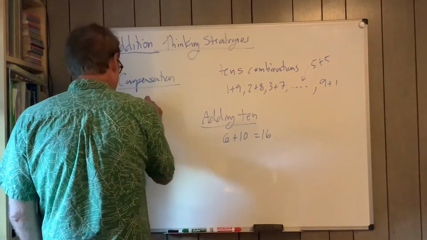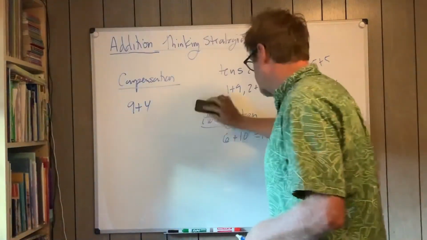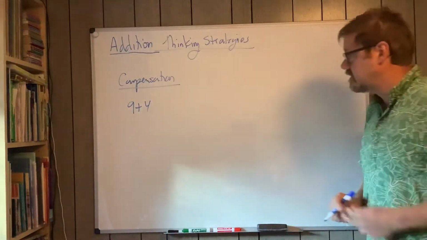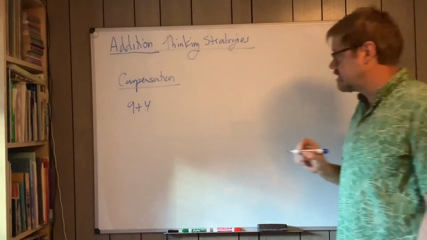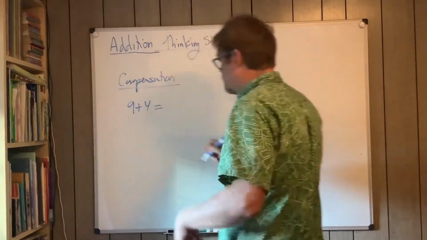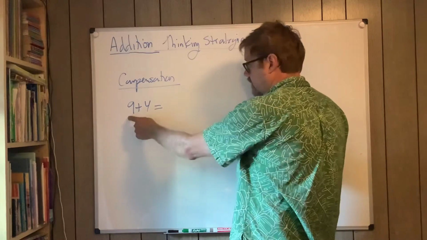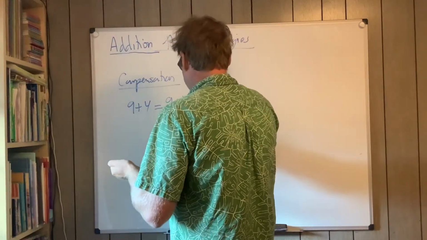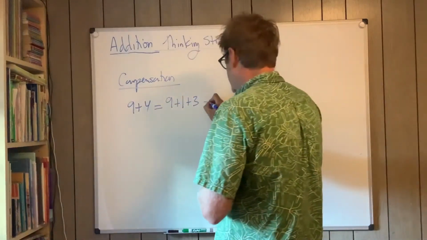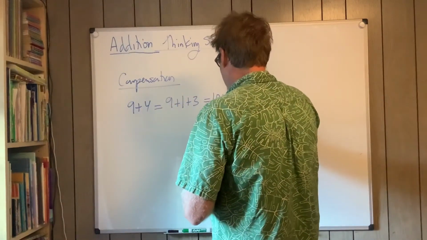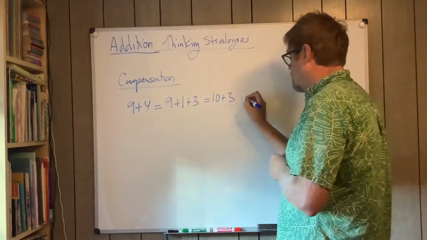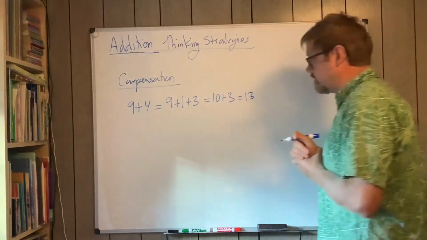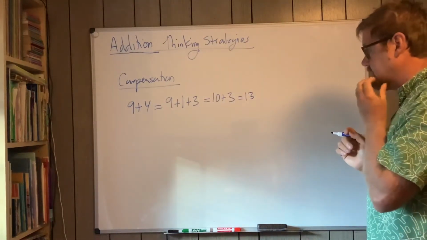I'll do something pretty straightforward with 9 plus 4. What we're going to do is think about bringing one of these 4s over to the 9, so I can write it like this, which is again adding 10, which is pretty straightforward: 13.